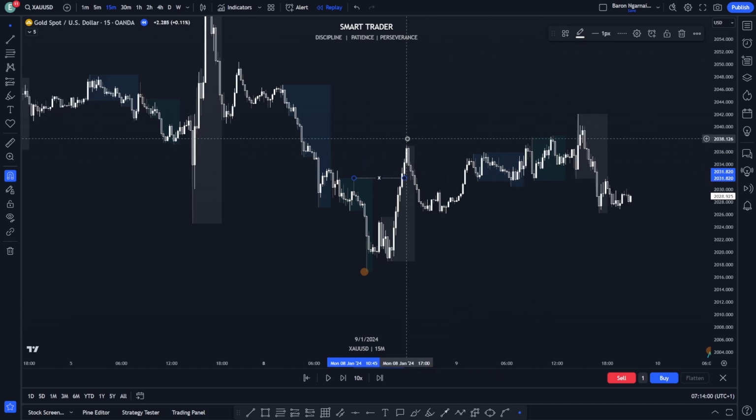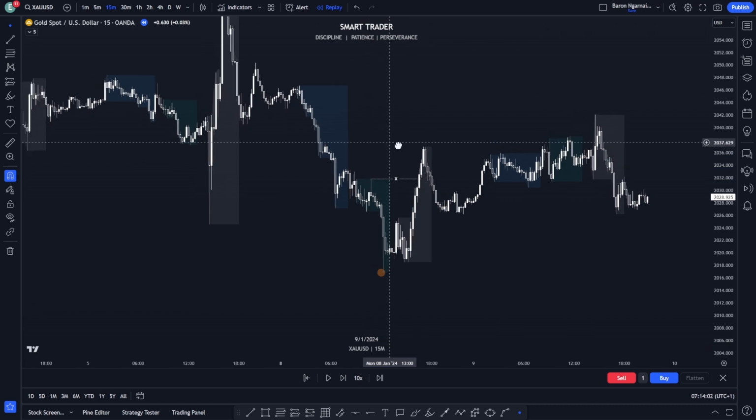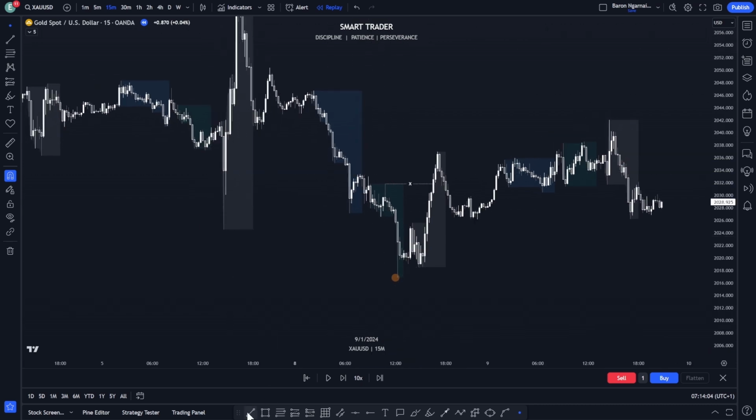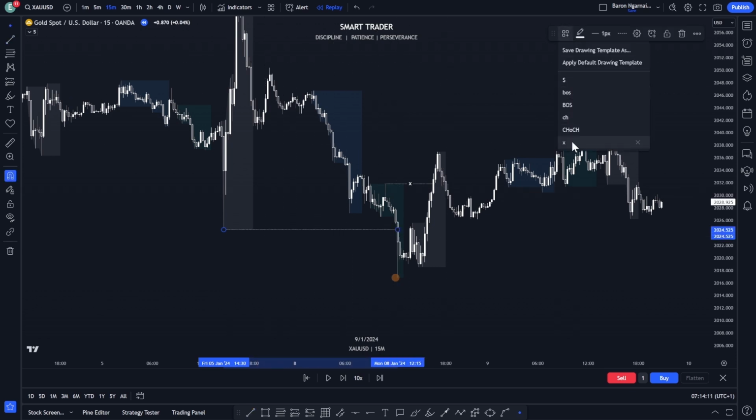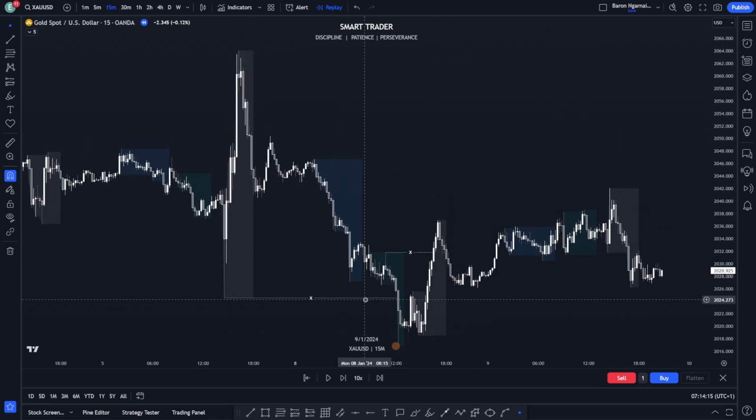Okay, so after that we have to identify the previous break of structure, which is here. This one is our previous break of structure, but how can we be sure this is a valid break of structure? We have to check if the last lower high is a valid one, this lower high here. Okay, let me mark it. So this is our last lower high here, and the market has taken out this inducement below here, so this lower high is a valid one.